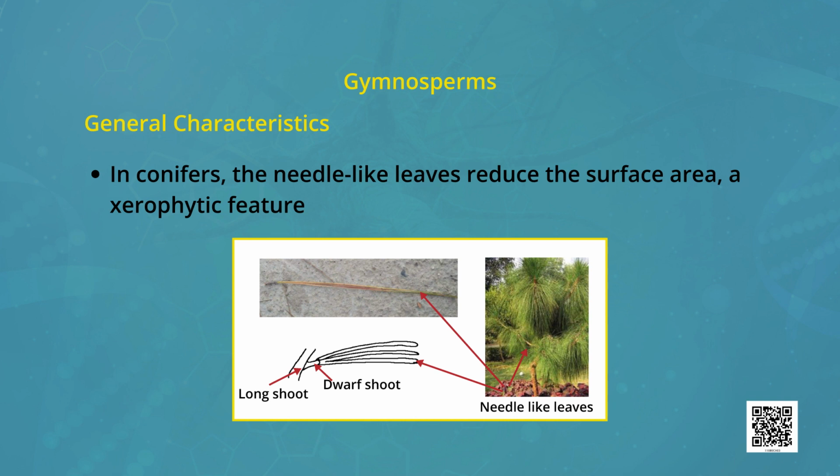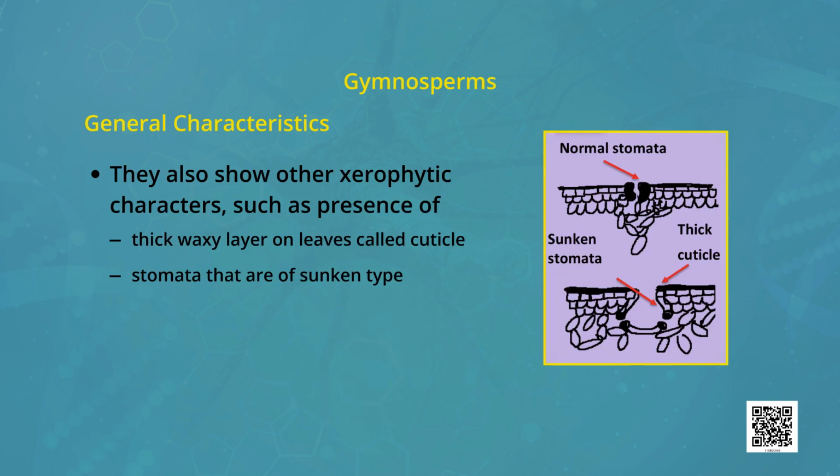The needles of pine, like those of other conifers, are well adapted for growth in dry environments. The surface of the needle has a thick waxy cuticle which reduces transpiration loss. The stomata are also reduced in number. If we observe the leaves under the microscope, we will find that stomata are beneath the surface of the cell.